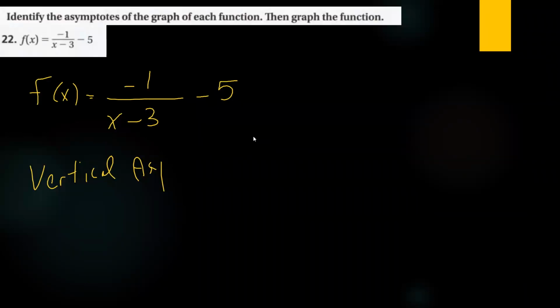The vertical asymptote at x equals? One second, Miss. Okay. x equals 3. At x equals 3. Good job.